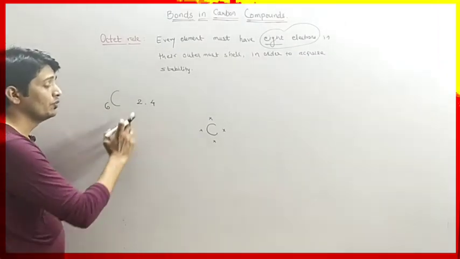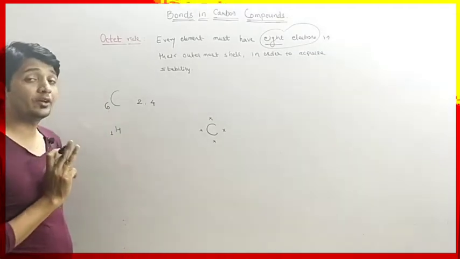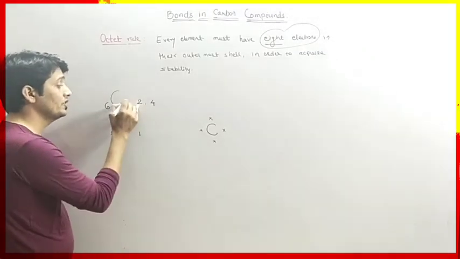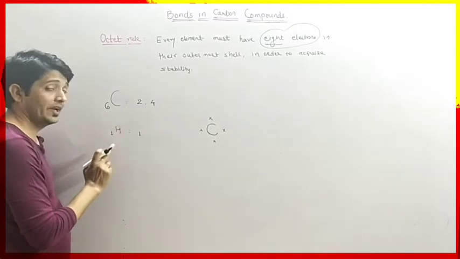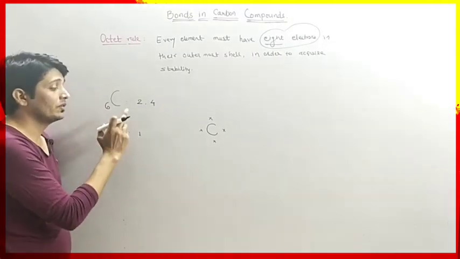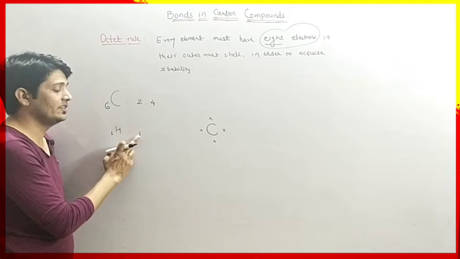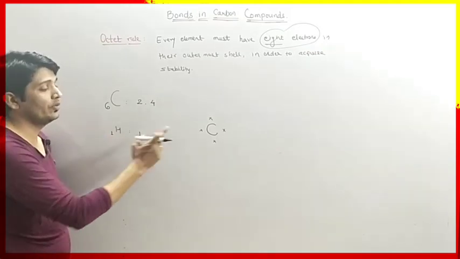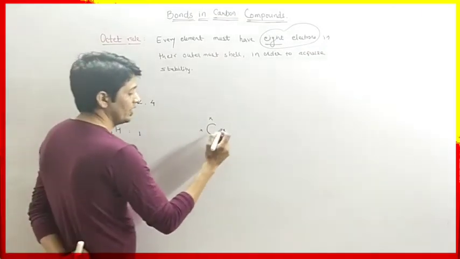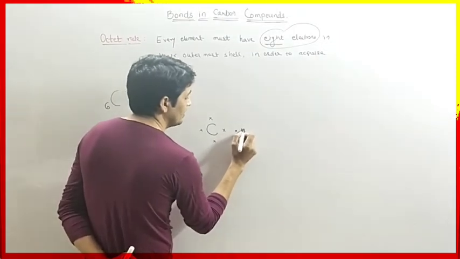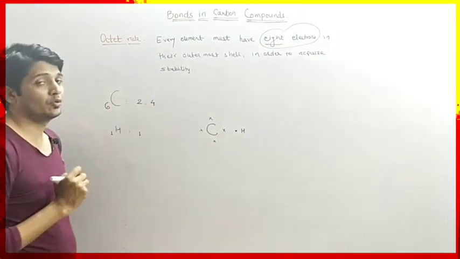We know the first shell contains only 2 electrons, but in the case of hydrogen only 1 electron is present. So for having 2 electrons in its first shell, hydrogen will share 1 electron with the carbon atom. Here the dot represents the electron of the hydrogen atom.